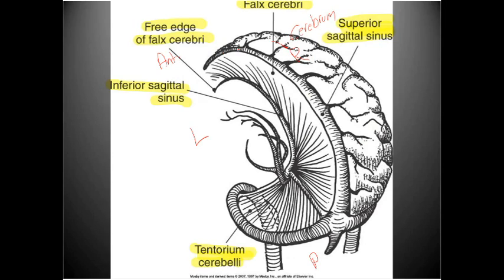So as we can see, the falx cerebri is running in a sagittal direction from front to back. And we also have the tentorium cerebelli, which is really not demonstrated here very well, but we will see that in future images.